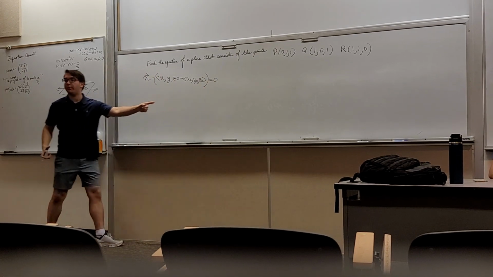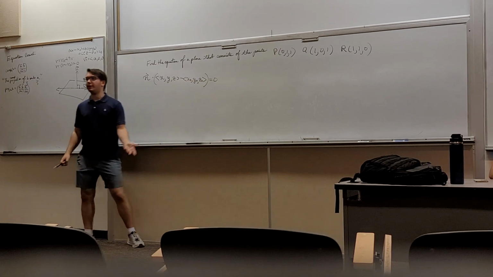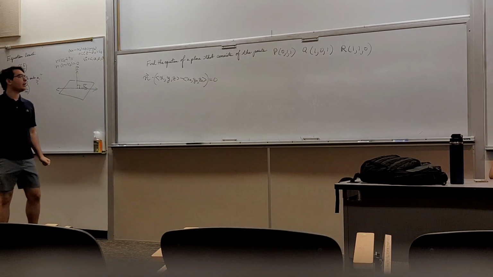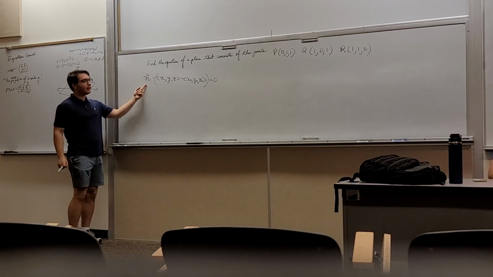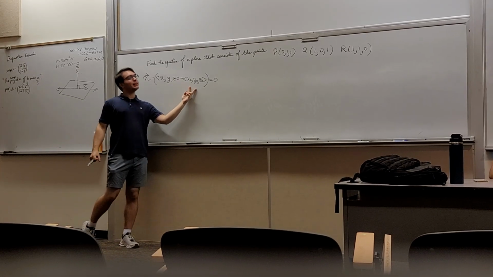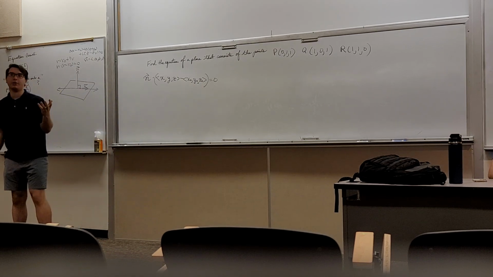Don't forget the equal 0 part. Equal 0 makes it an equation, right? So first off, I need to find a normal vector, and I need to find an initial r0 that gets me this equation of the plane.